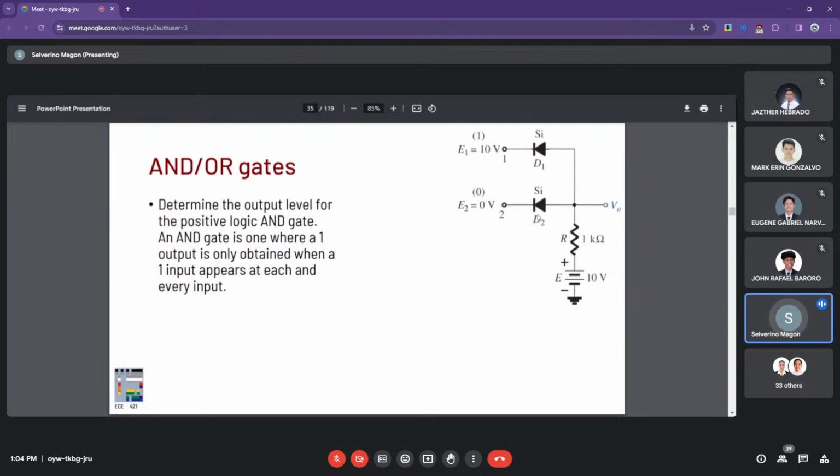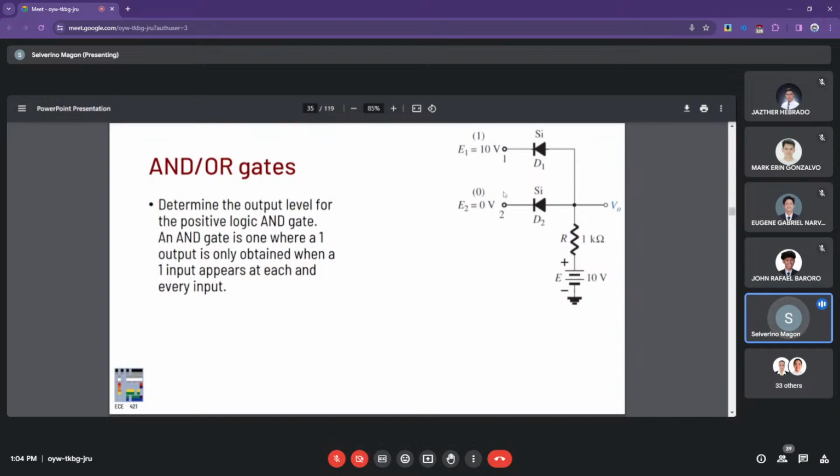So you have 0.7 volts right here, and that can be seen in the voltage output as well. So VO is equal to 0.7 volts by virtue of the voltage drop across the diode D2 right there. Again, that's in the case of E2 at 0.